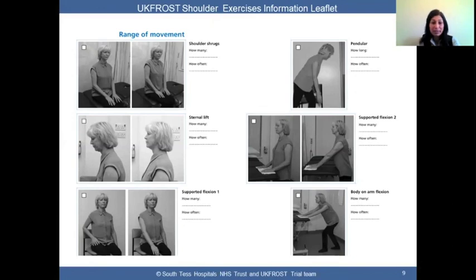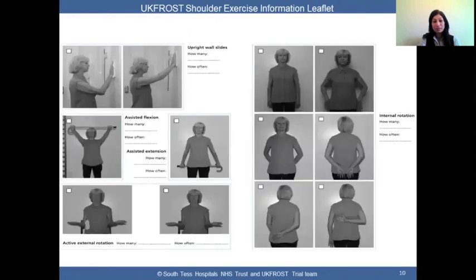Table slide exercises are a useful way of progressing their movement and improving their elevation or flexion. It can be performed either by moving the hand forward or by keeping the hand steady and moving their body backwards. Once they have got good control of scapulothoracic movement in the gravity-assisted position, it's important to incorporate the same movement against gravity.